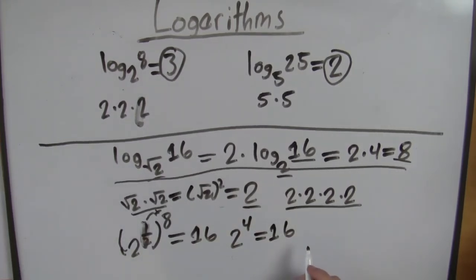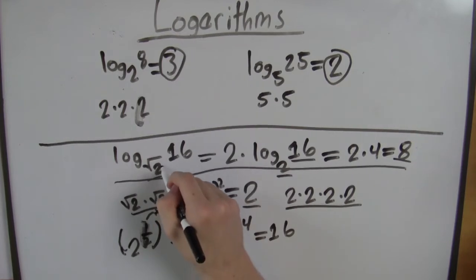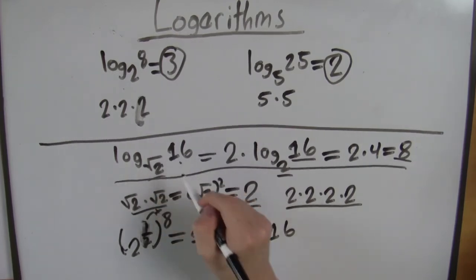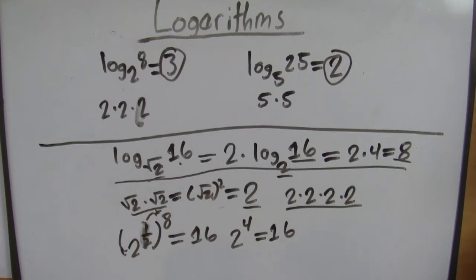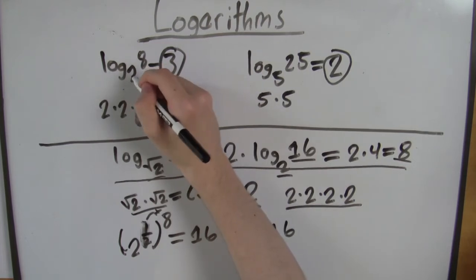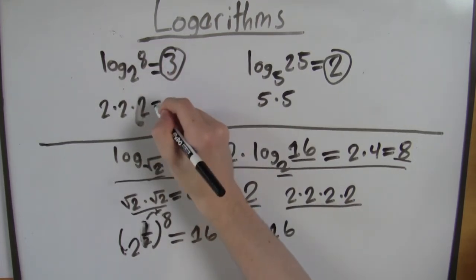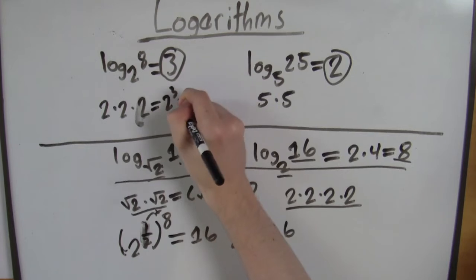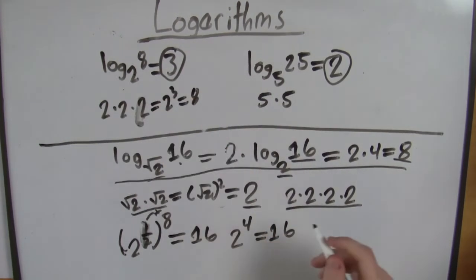Now notice that to solve this problem, we just had to figure out what power I had to raise the square root of 2 to get 16. And that's the way for solving all of these logarithms. Now let's go back to our previous problems, right? What power do I need to raise 2 to get 8? Well, if I raise it to the 3rd power, I do indeed get 8.